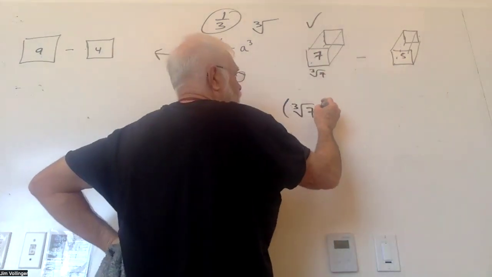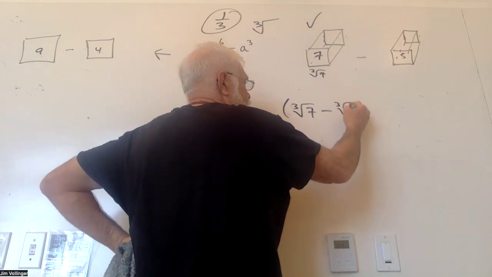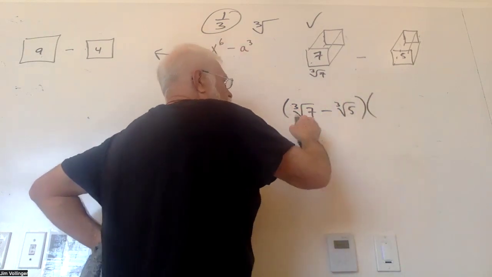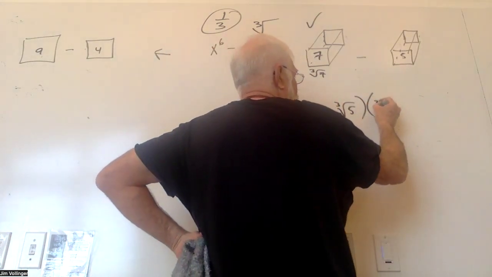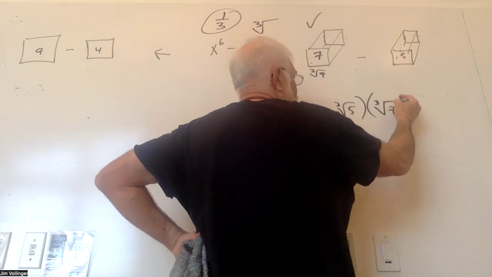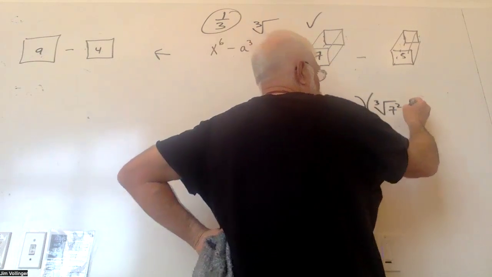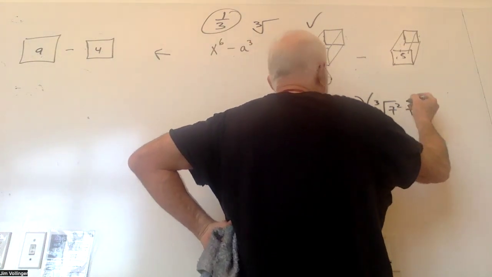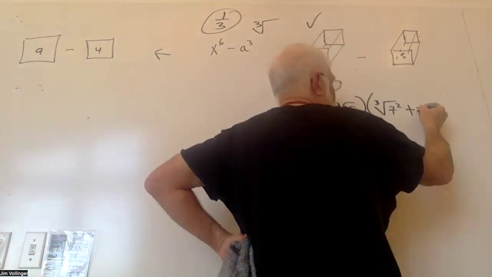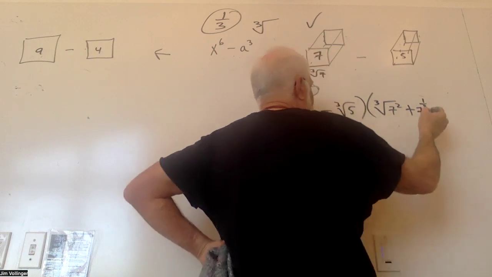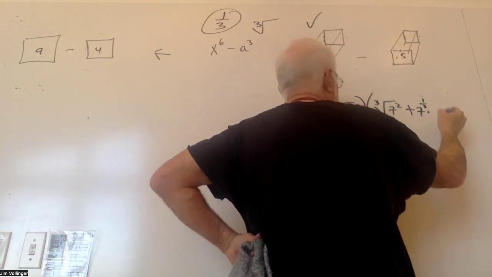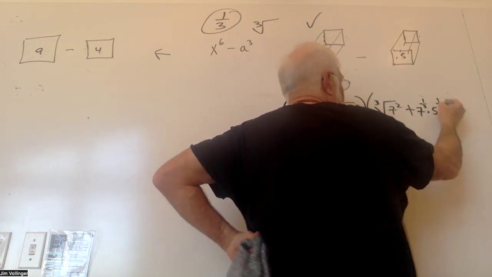The cube root of 5, and this is a subtraction. And I got a square of this, which means I'm doing the cube root of 7 squared. And then I'm doing the change of the product. And the change of the product is an addition of, so I'll write it this way this time, 7 to the 1/3 times 5 to the 1/3.